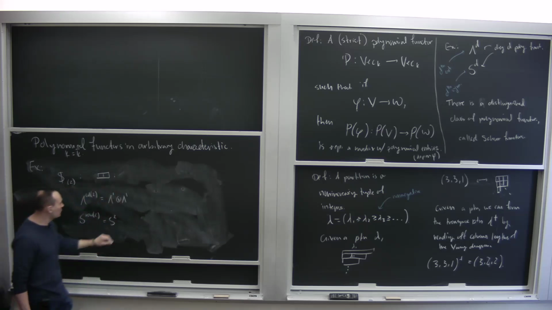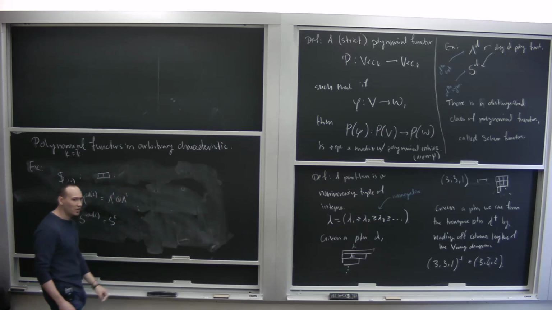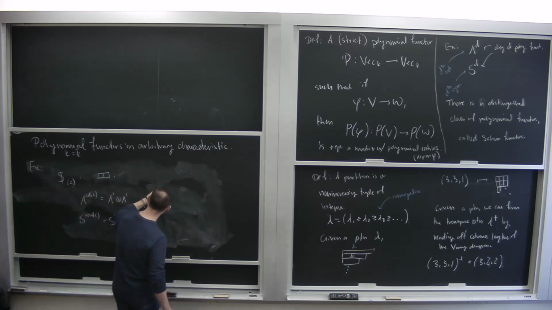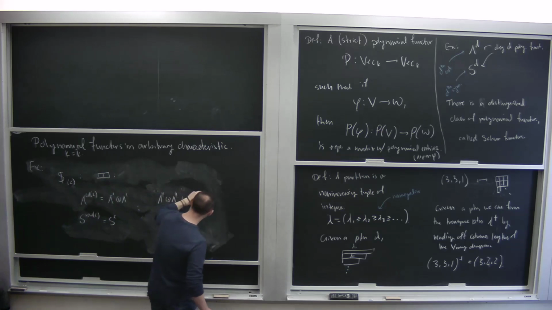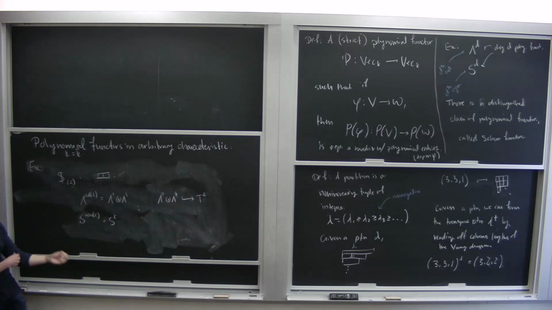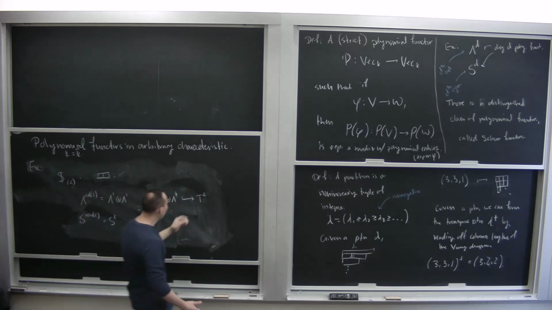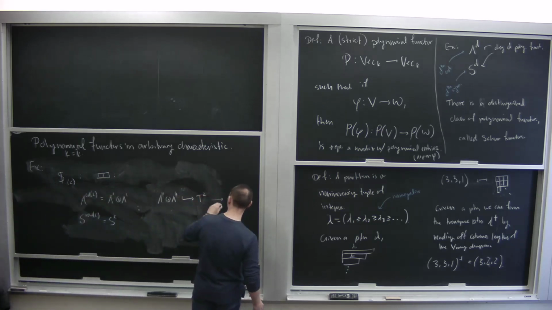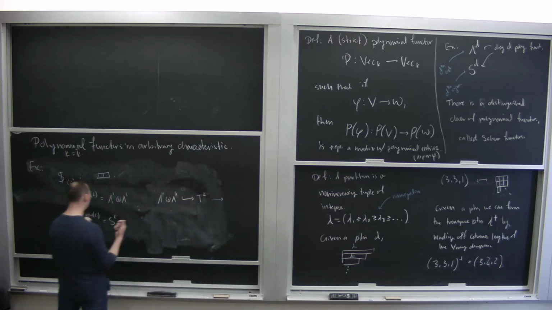If I follow this composition along, in this case it's kind of simple, and you get an answer you might have expected if you've seen this before. If I do wedge 1 tensor wedge 1, and then embed this into the second tensor power, in this case this is an isomorphism, right? I'm not doing anything. And then the natural surjection here is just the natural multiplication from degree 1 elements to degree 2 elements.